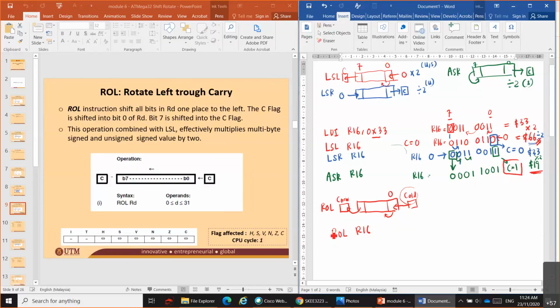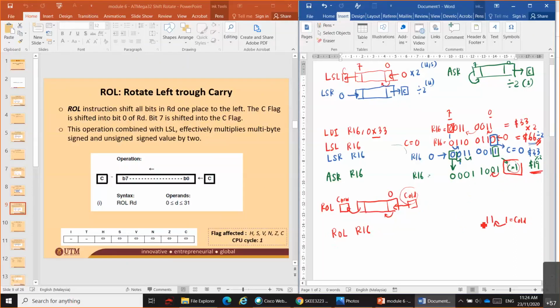Now I'm going to execute ROL R16. So this C old will go into bit 0, and the rest will be shifted to the left by 1 bit.